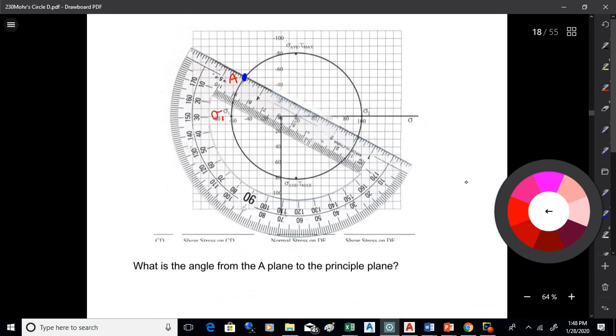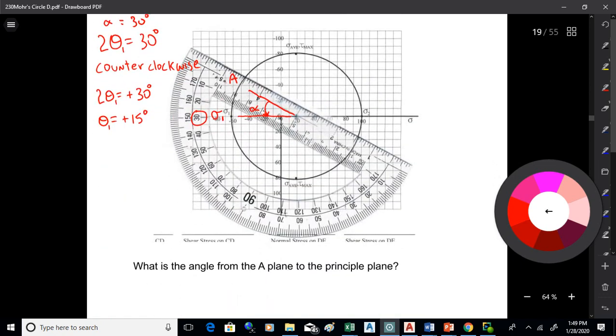So if I want to know where the maximum compressive stress plane lies, I just put my protractor on A and measure the angle to sigma 1, about 30 degrees, roughly, counterclockwise. That will tell me the angle at which that first plane lies.